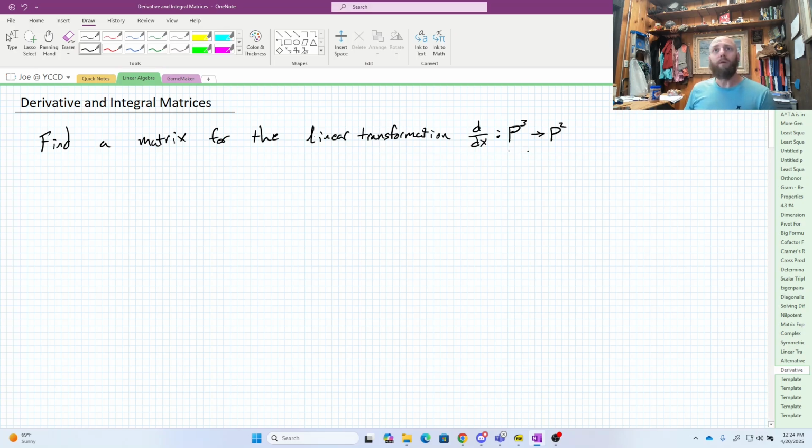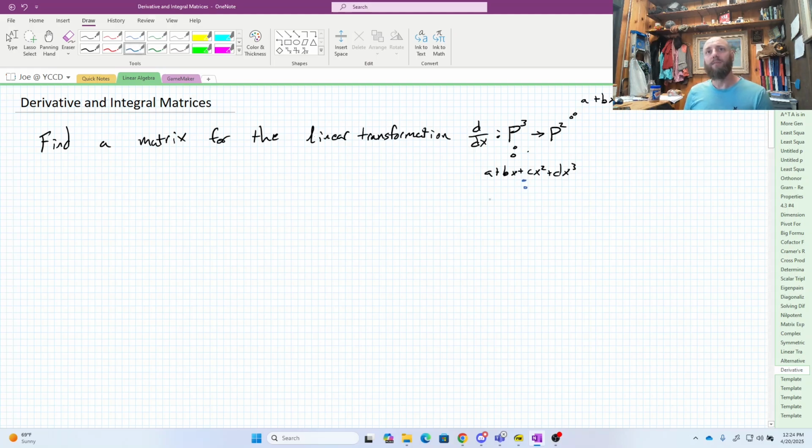So my thought is that a third degree polynomial basically looks like a plus bx plus cx squared plus dx cubed. And a second degree polynomial looks like a plus bx plus cx squared. I realize I got these backwards from the quadratic formula, but it doesn't really matter. So what this means is that I can make a basis here.